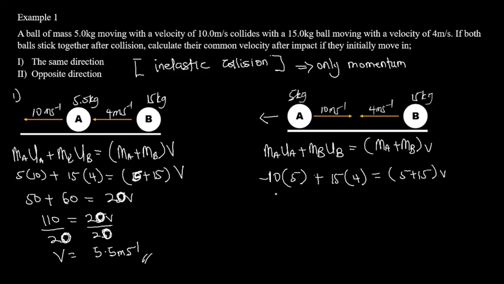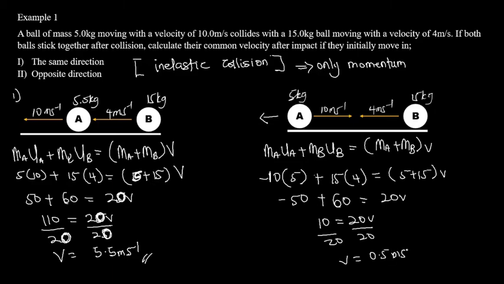So this will become negative 50 plus 60 is equal to 20V. If we do the subtraction, 60 minus 50 gives us positive 10 is equal to 20V. So we divide both sides by 20, we get our final velocity to be equal to 0.5 meters per second.